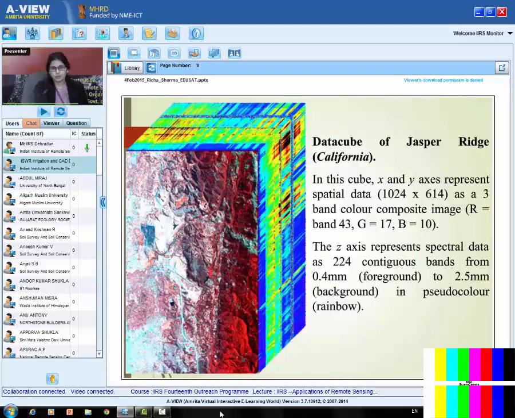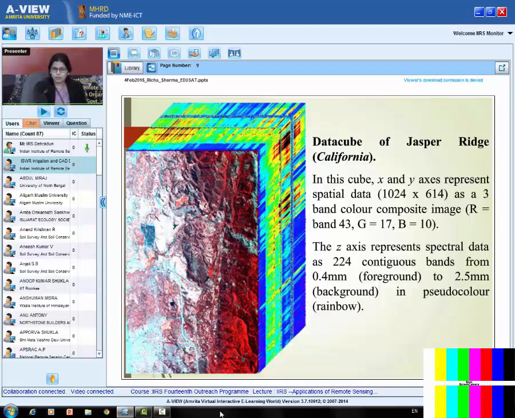Now this is an example of a hyperspectral cube, or hypercube, of Jasper Ridge, California. In this cube, the X and Y axes represent the spatial data, and the three-band composite we see here uses band numbers 43, 70 and 10 as the RGB components. Red is assigned to band number 43, green to band number 70, and blue to band number 10.